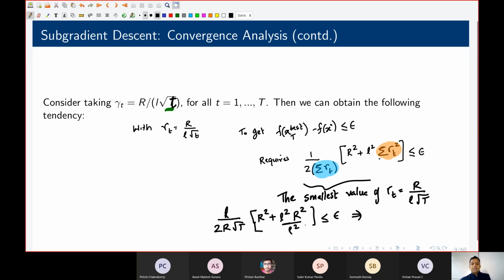Which implies that, okay, so now a whole bunch of things will get cancelled out. Any other L will get cancelled out? No, right? Okay, sorry. This r square will get cancelled out.